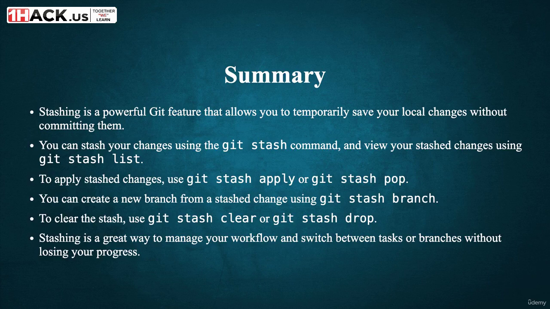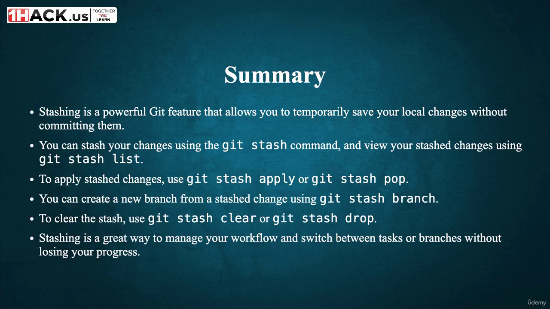To view your stash changes, use the git stash list command, which will display a list of all your stash changes. You can then apply a specific stash using git stash apply or git stash pop. Another useful feature is the ability to create a new branch from a stash change using the git stash branch command. This allows you to continue working on a stash change as a separate branch.